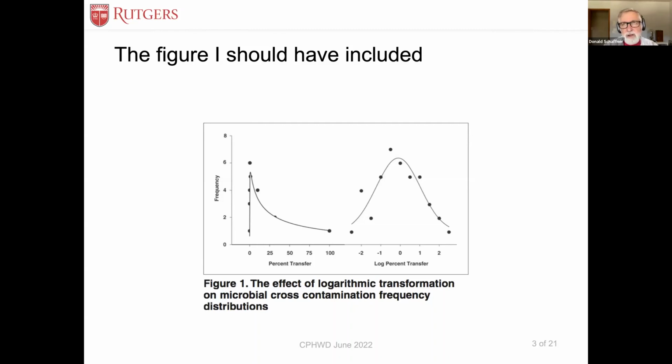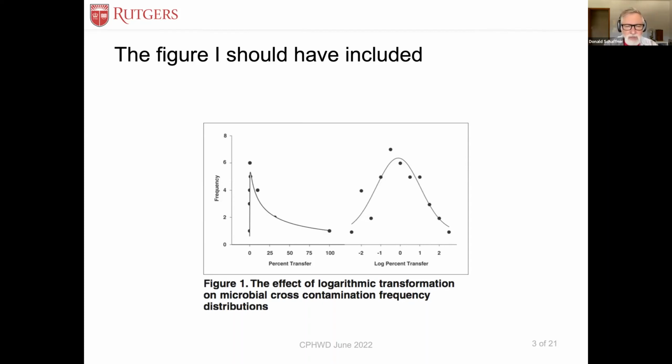looked exactly like the curve on the left, where if we plotted the percent transfer of microorganisms versus the frequency, the number of participants in the trial that showed a certain percent transfer, we saw a graph that looked very much like the one on the left. And I knew enough from all of the work that I'd done in my career during the 10 years previous, looking at statistics and transformation of data.